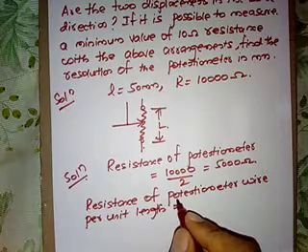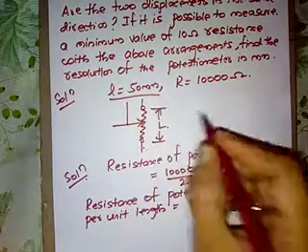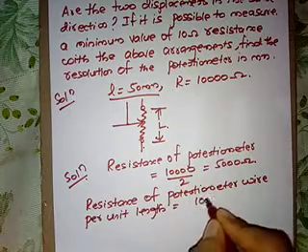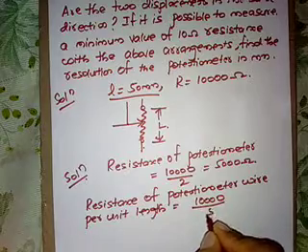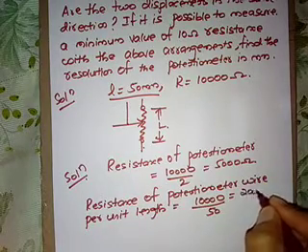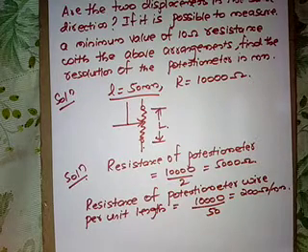Therefore for 1 millimeter, that is 10,000 divided by 50. So this is 200 ohm per millimeter.